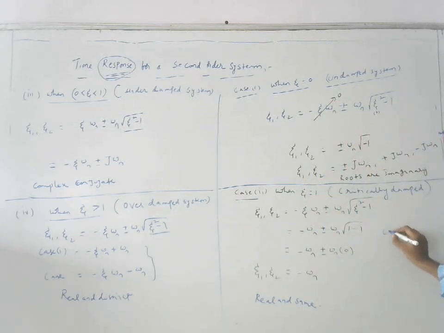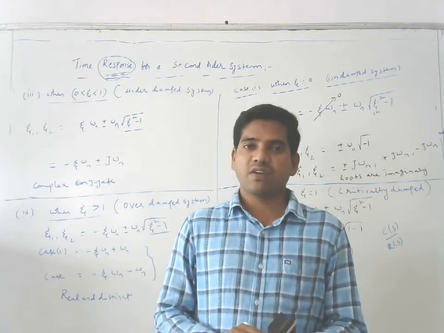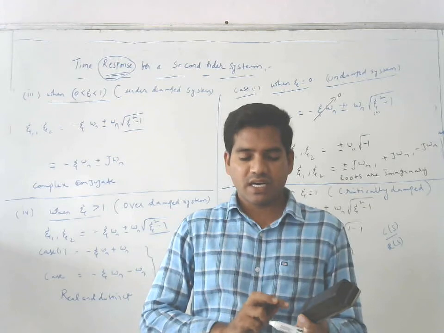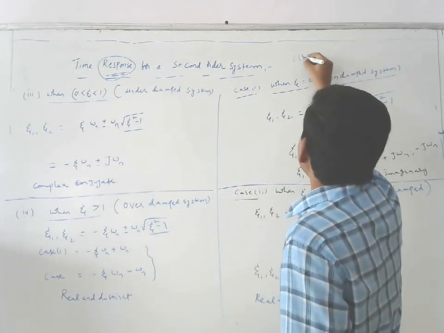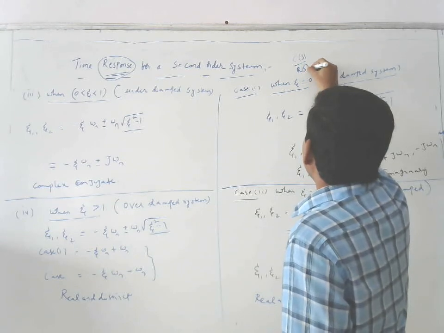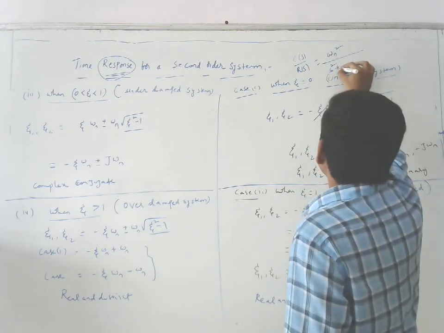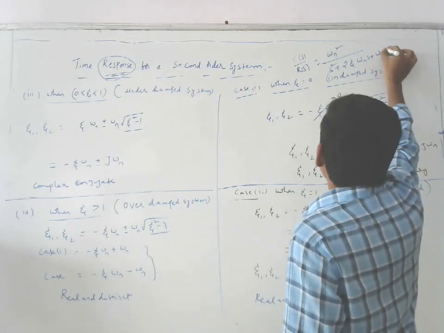First thing we have to know is the basic transfer function of a second order system. What is the basic transfer function of a second order system? C of s by R of s is omega n square by s square plus 2 zeta omega n s plus omega n square.